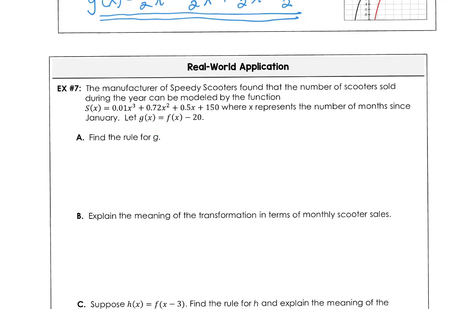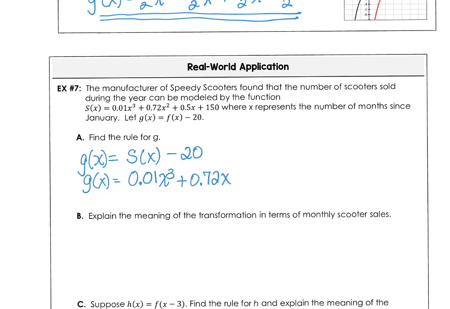So g of x is going to be our s of x minus 20. So g of x is going to be 0.01 x cubed plus 72 hundredths x squared plus 1/2 x plus 150 minus 20, so that's going to leave us 130.